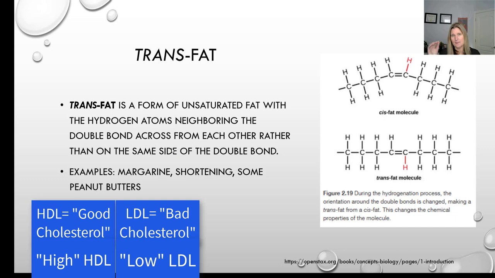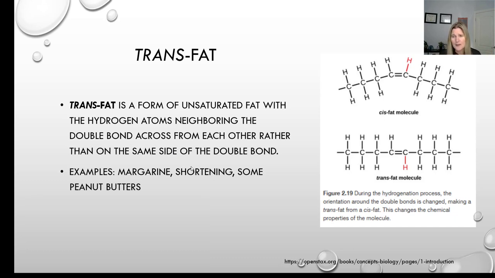Okay, because HDL is what we consider the good cholesterol, LDL is the bad cholesterol. So we want more of the HDLs, less of the LDLs in our overall numbers. And so trans fats tend to increase our LDL number.